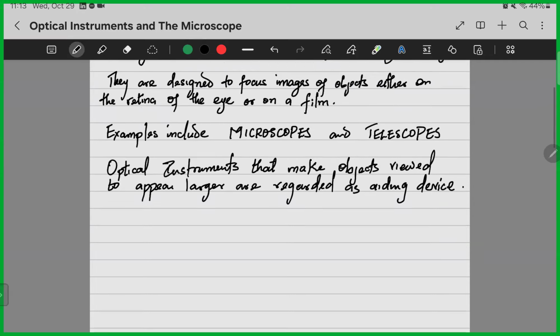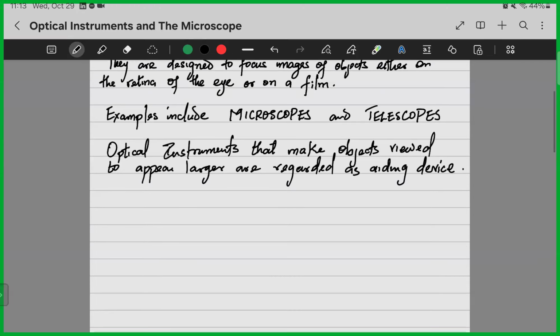Let's discuss some concepts with respect to the eyes. Number one, let's talk about far point.